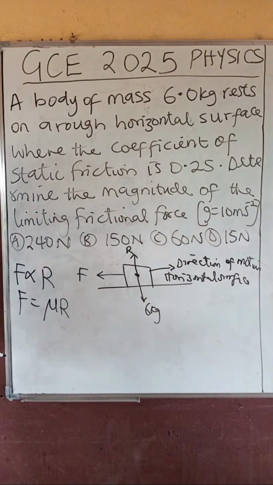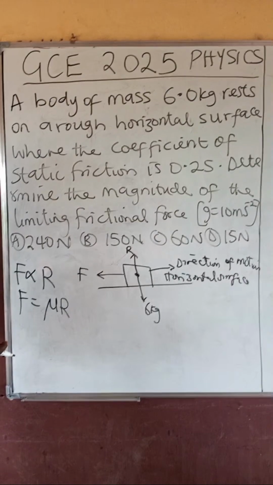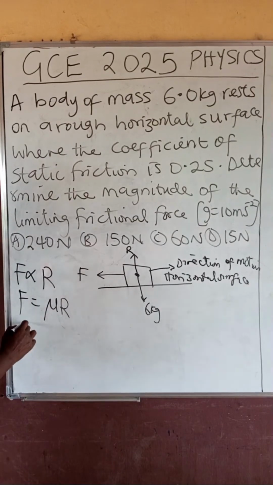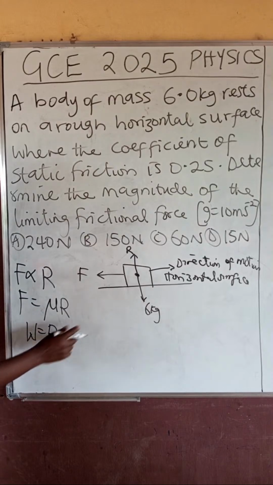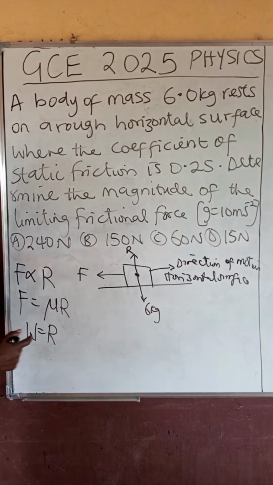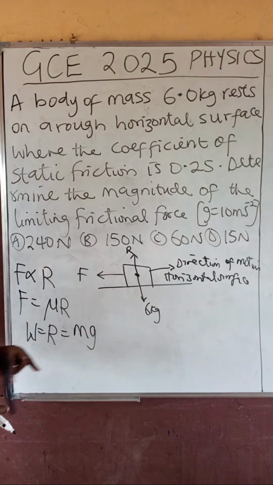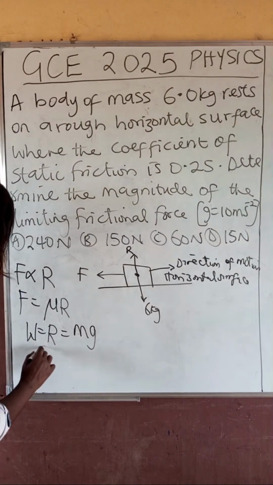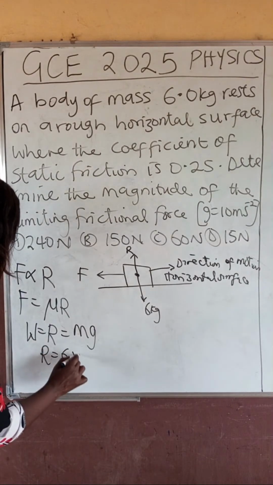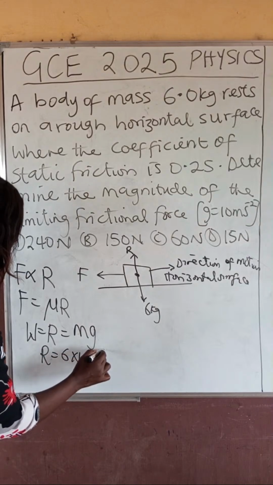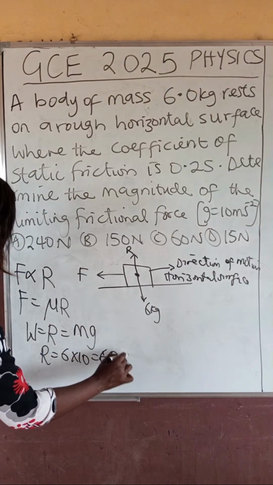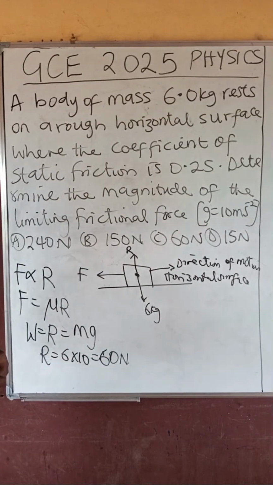And the weight is equal to the reaction, which is equal to mg. We are given the mass of the body as 6 and acceleration due to gravity as 10. Multiplying, the reaction force is 6 times 10, and the answer is 60 Newton. Is that right?